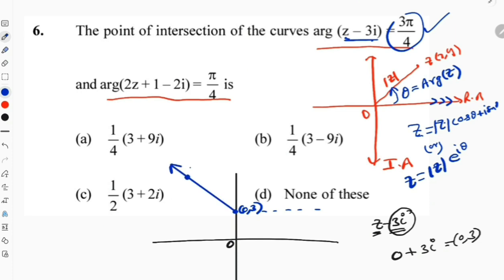So z lies on this ray, and we should not consider the other part of that line, because the angle given is 3 pi by 4.